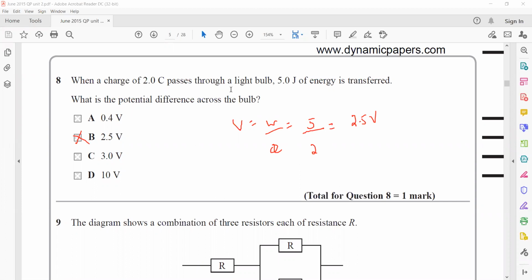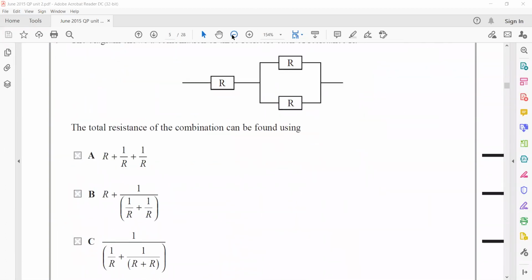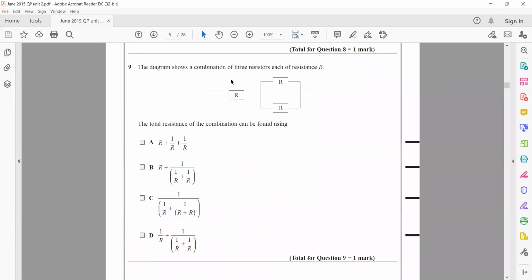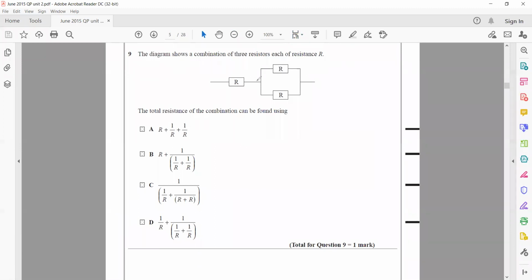Question 9. The diagram shows a combination of 3 resistors. First, we find the combined resistance of these two. Because they are in parallel, 1 over R plus 1 over R is 1 over RT, combining these two only.